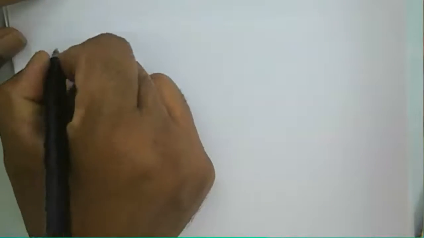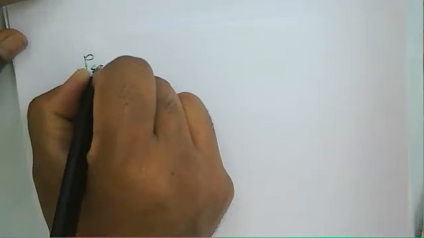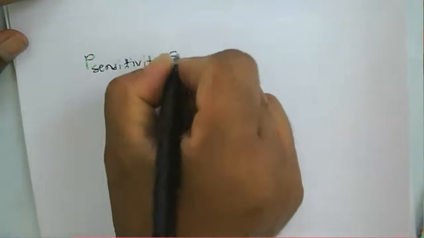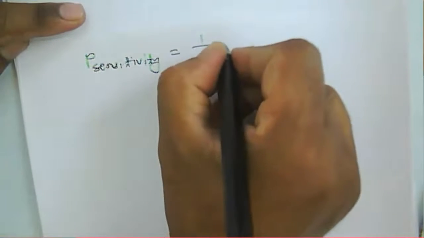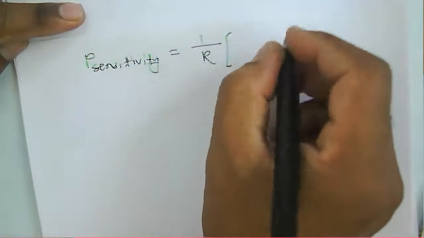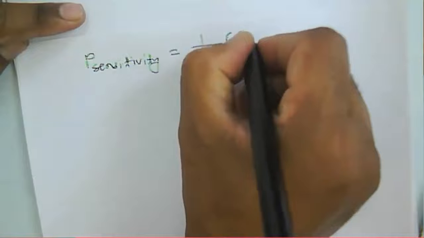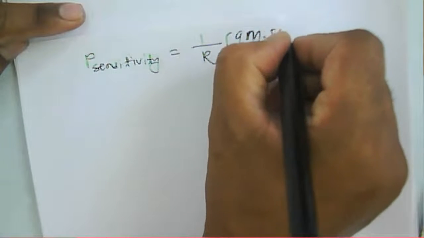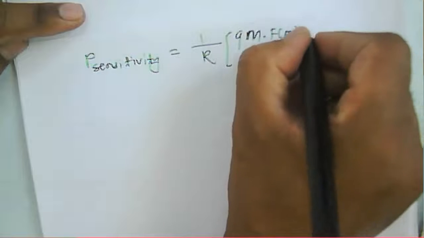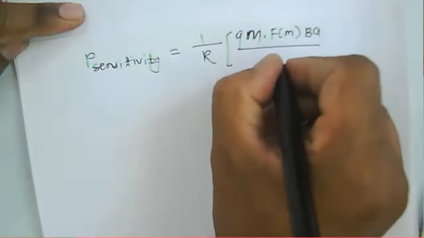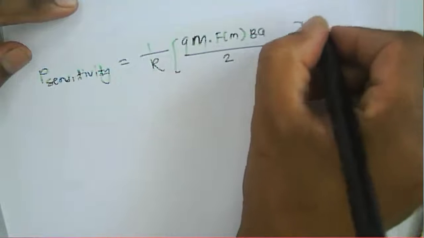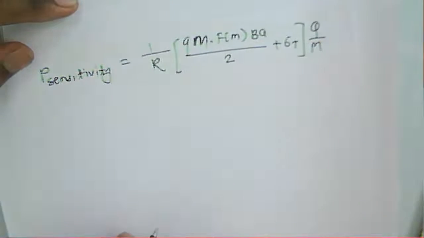Then we will get that the receiver sensitivity is equal to what? 1 by R, Q times capital M, then F of M times B by 2, plus sigma T times Q by capital M. That is about the sensitivity.